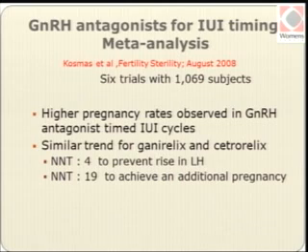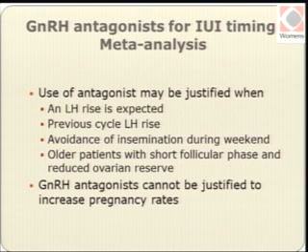However, the number needed to treat to prevent a rise of LH was 4 cycles. The number needed to treat to achieve 1 additional pregnancy was 19. For GnRH antagonist for IUI timing, the meta-analysis says the use of antagonists may be justified in particular situations where an LH rise is expected.